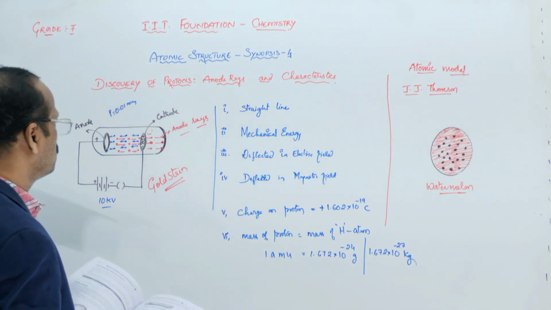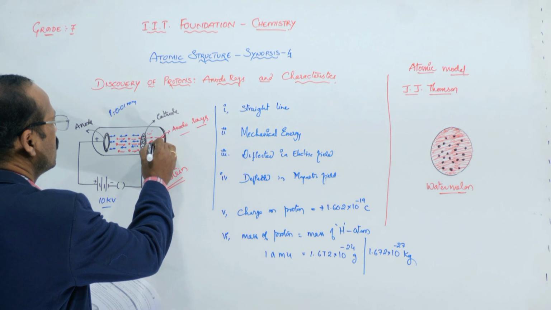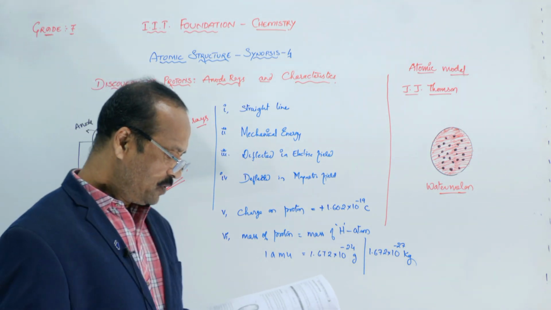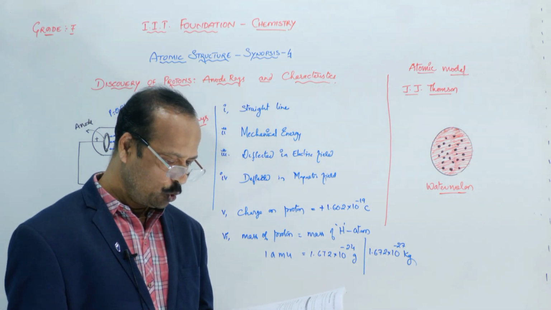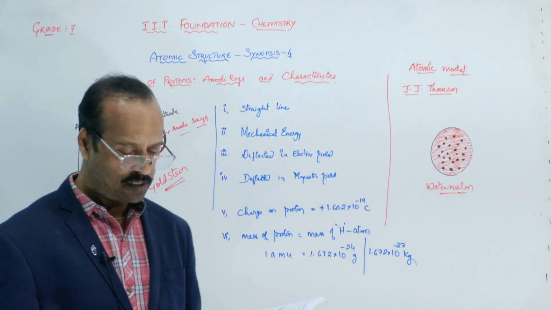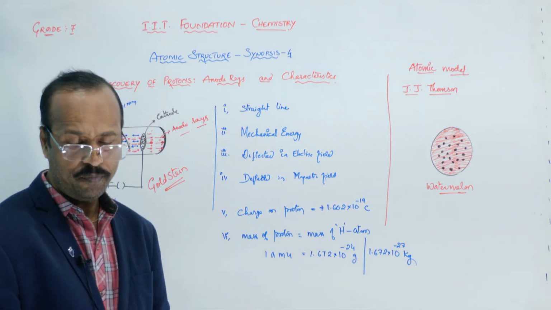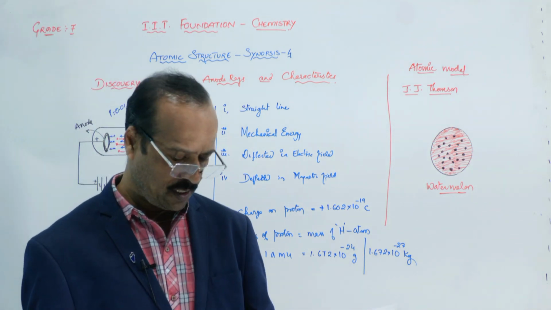So these red ones are what? Positively charged particles. Which one of the following describes the neutron? Zero charge and 1 AMU. So the charge of a neutron is 0 and its mass is approximately 1 AMU, 1 atomic mass unit.